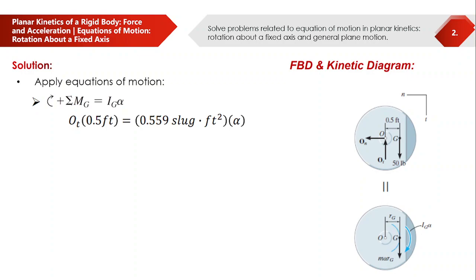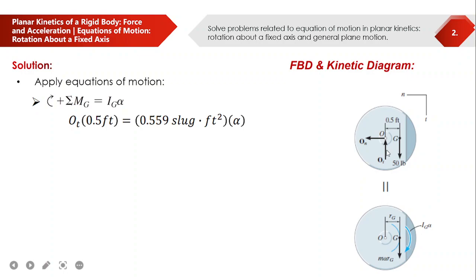Yung M alpha r sub G will be equal to 0.559 slug feet squared times angular acceleration. So again, yung moment dito sa point G natin is only the O sub T. Kasi nga, yung O sub N, yung moment arm is wala, since the line of action is passing through the center of mass G, and yung weight natin nawala since andun tayo nag-moment, so walang weight doon.